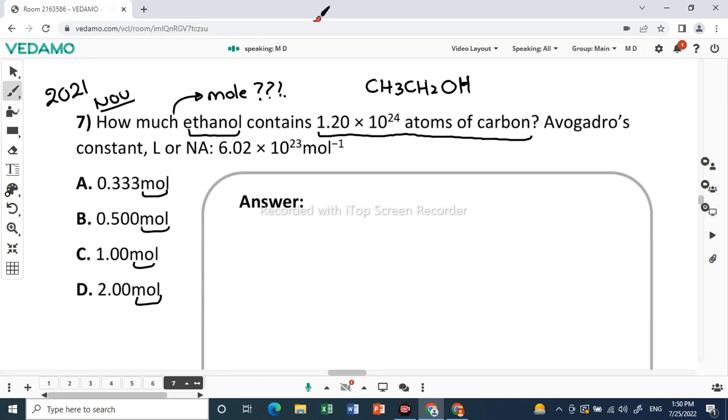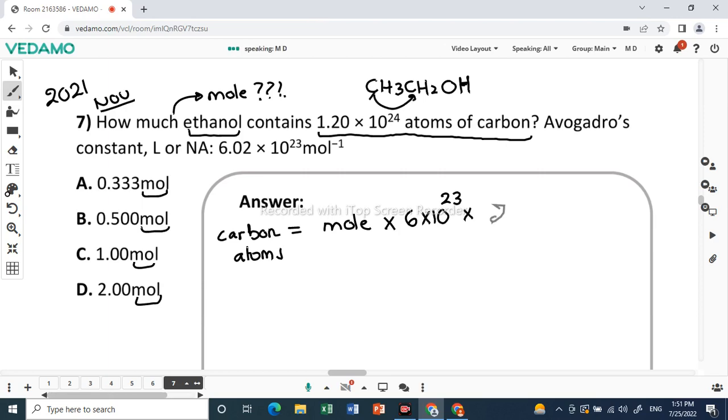This is how, inside this question, I've got the carbon atoms and I need the mole numbers. So if I'm going to write down the rule, the carbon atoms, as a rule, will equal the mole number multiplied by Avogadro, and it is multiplied by the total number of carbon atoms represented inside the molecule, which is 2.